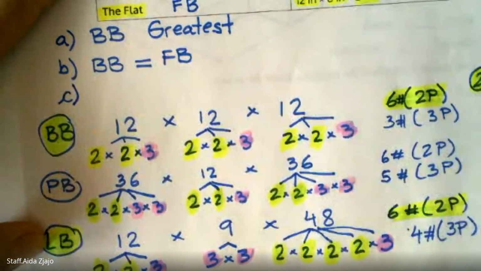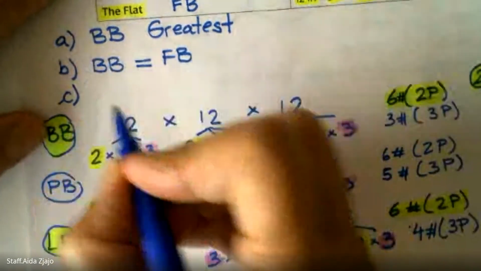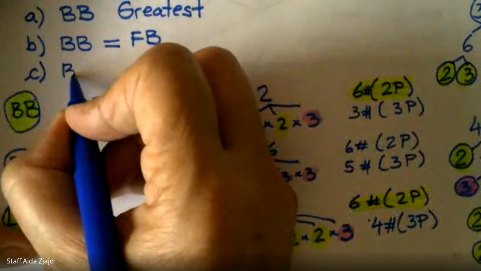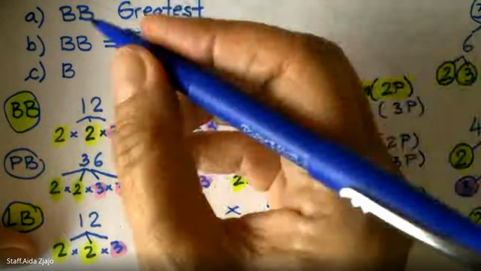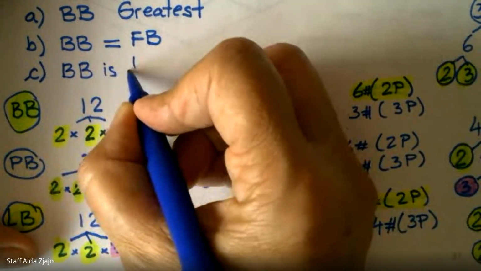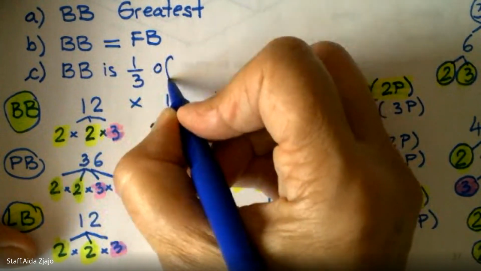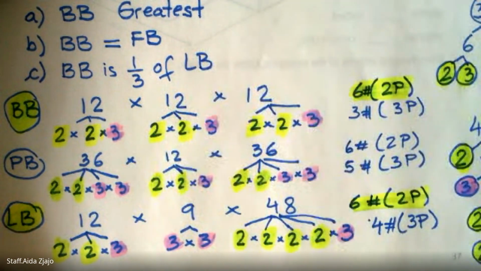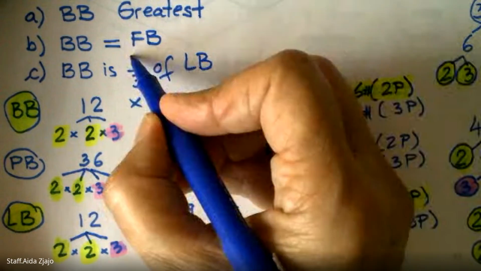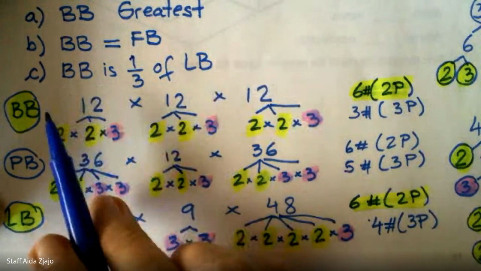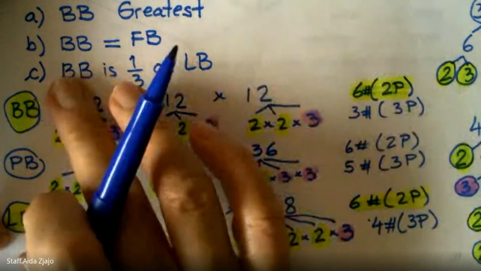So that means that BB is 1/3 of LB. Or we can say that LB is 3 times greater than BB, so 3 times BB.